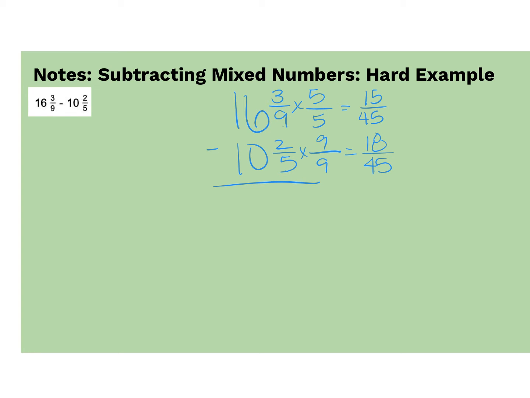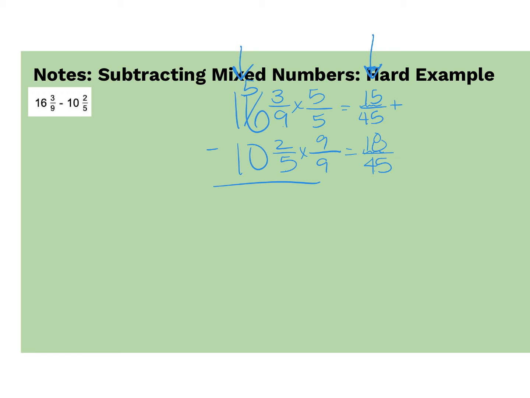Step 3 says subtract the fractions, but 15 is smaller than 18. I cannot do that. So I need to regroup. So this 16 over here, I'm going to go ahead and take one of these and make it 15. Okay? I'm going to add that 1 to this fraction right here, but I'm not going to add it as the number 1.